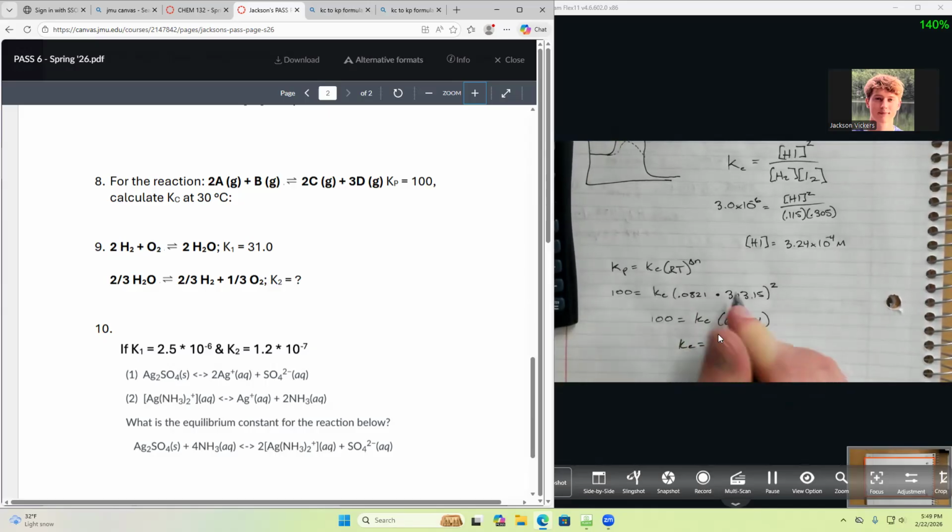You did the inside parentheses and you squared it? Yeah, exactly. And then now I'm dividing it on both sides.